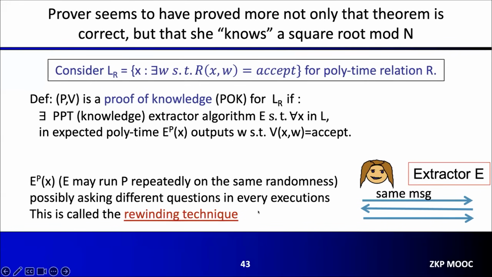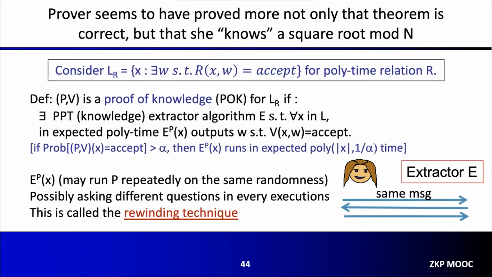This is called the rewinding technique, which is something that happens all the time when we talk about zero knowledge. That is usually the technique to prove that something is a zero knowledge proof of knowledge. If we can rewind someone multiple times and eventually extract something from them, it will mean that they knew it to begin with.